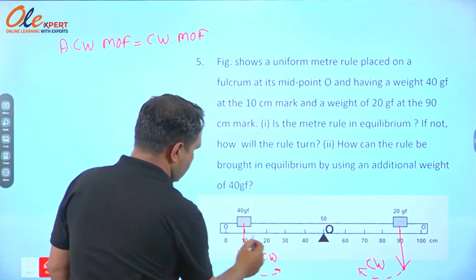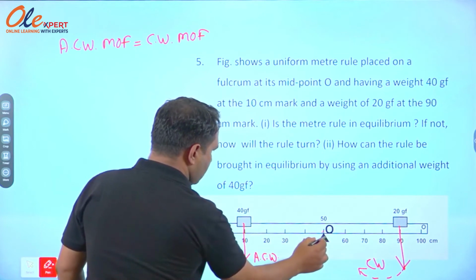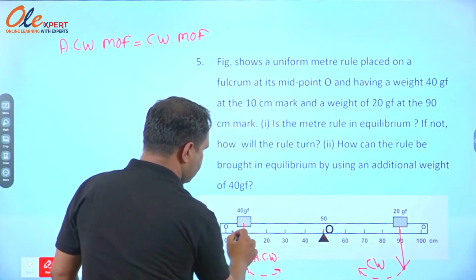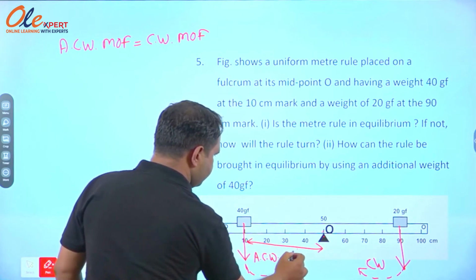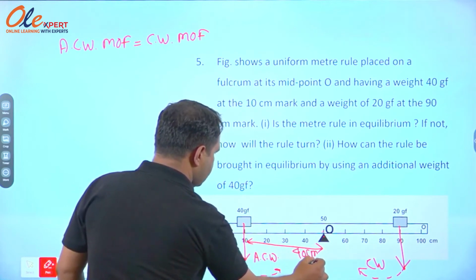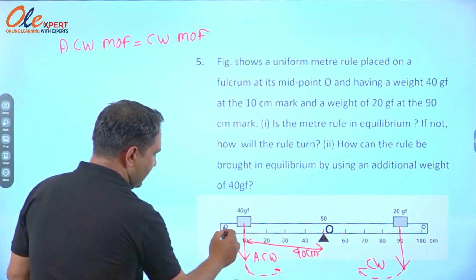So this distance is from 50 to 40. This distance is 40 centimeter, total 50 centimeter. So this is 10 centimeter.